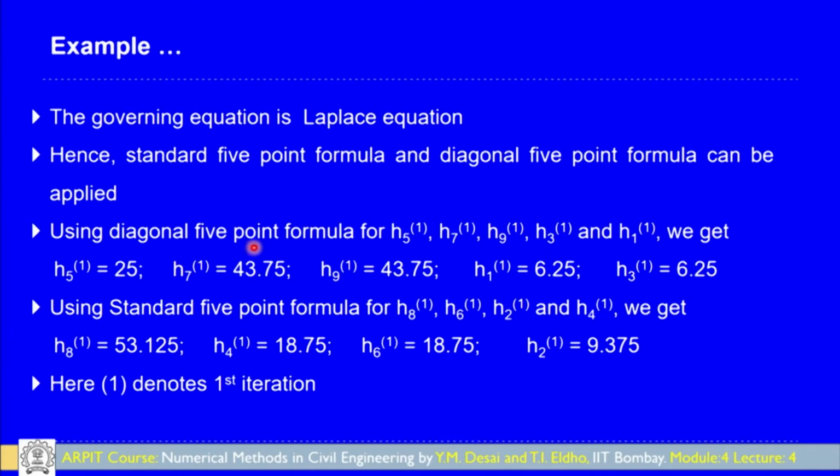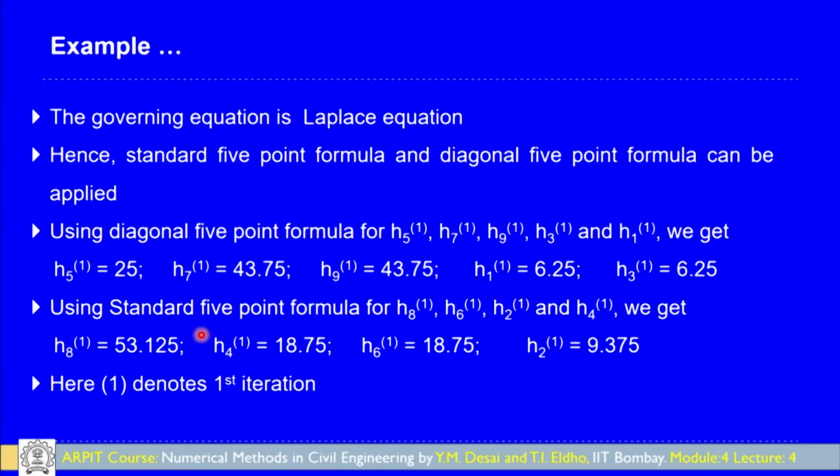Using the diagonal 5-point formula for h5, h7, h9, h3 and h1, where the superscript indicates the iteration number, we get h5 is equal to 25, h7 is equal to 43.75, h9 is equal to 43.75, h1 is equal to 6.25 and h3 is equal to 6.25. This is for the first iteration.